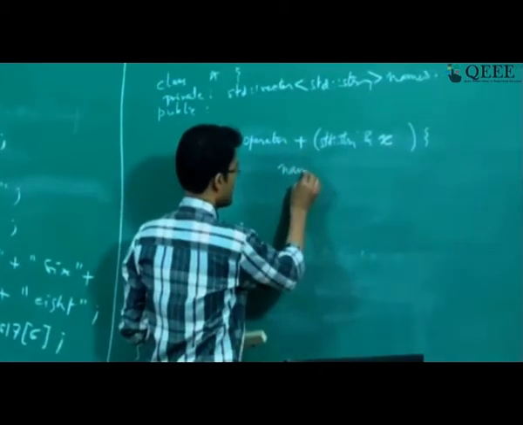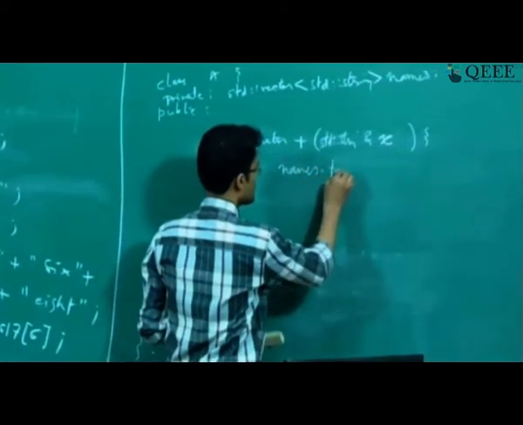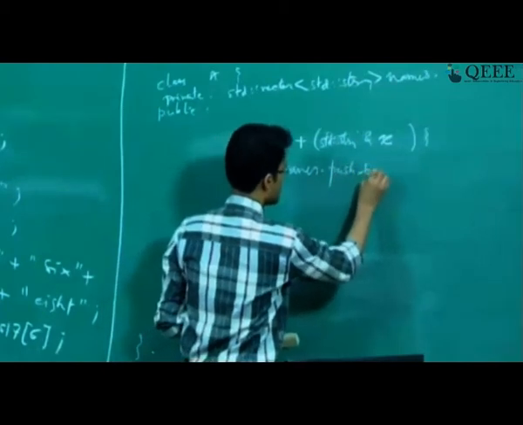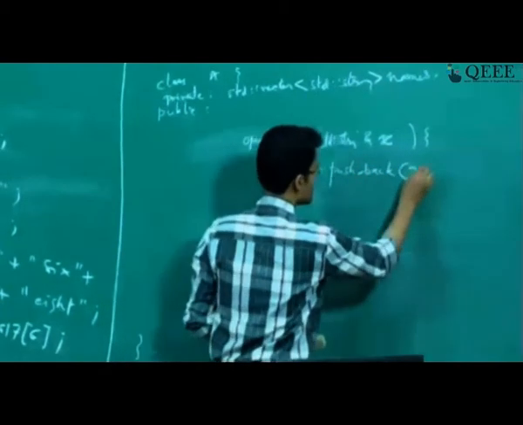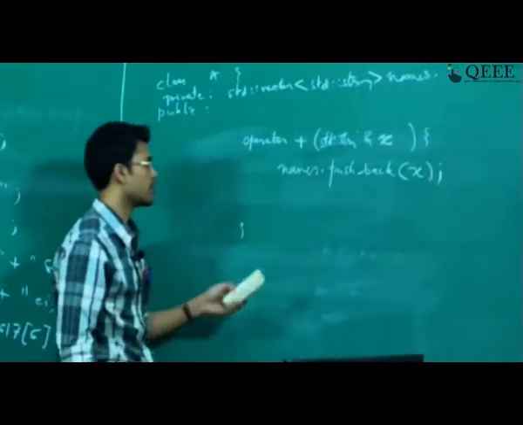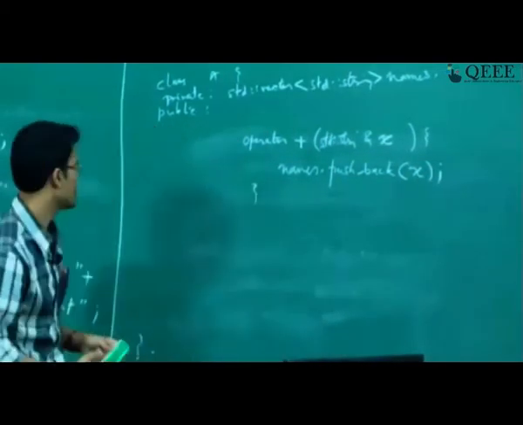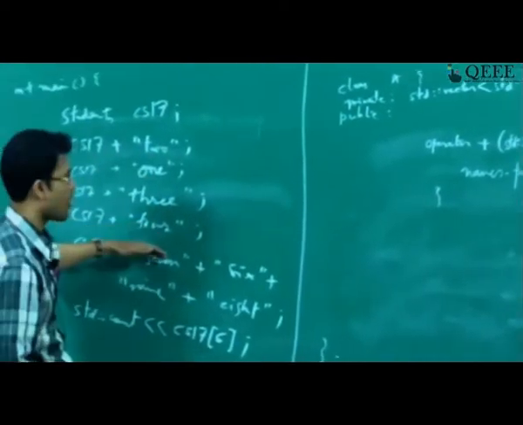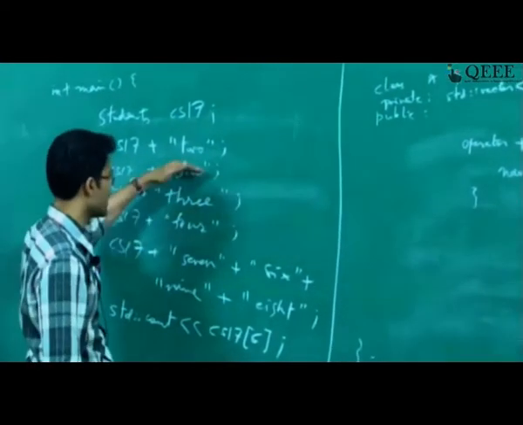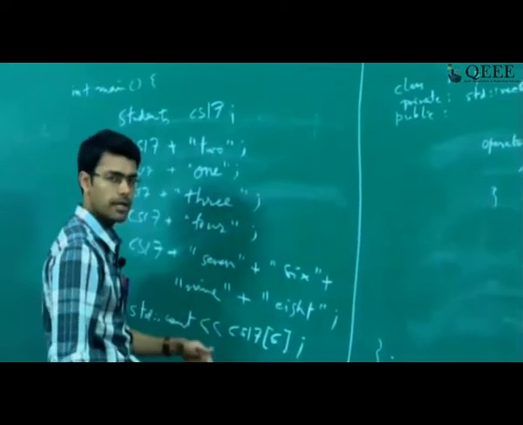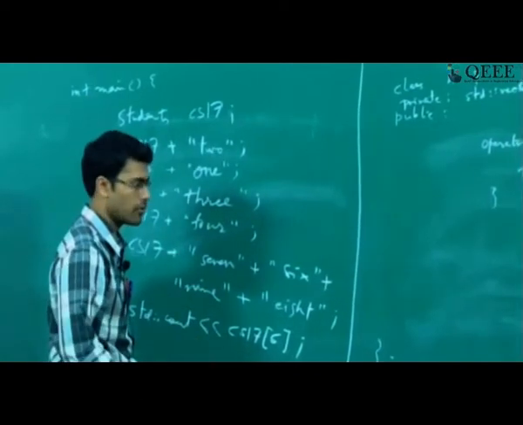So I can do names dot push_back, a function in vectors which you can use to push that particular element to the end of the vector, right, which means that after all of these plus operations, names is going to contain all of these in this particular sequence. That sequence is also important.